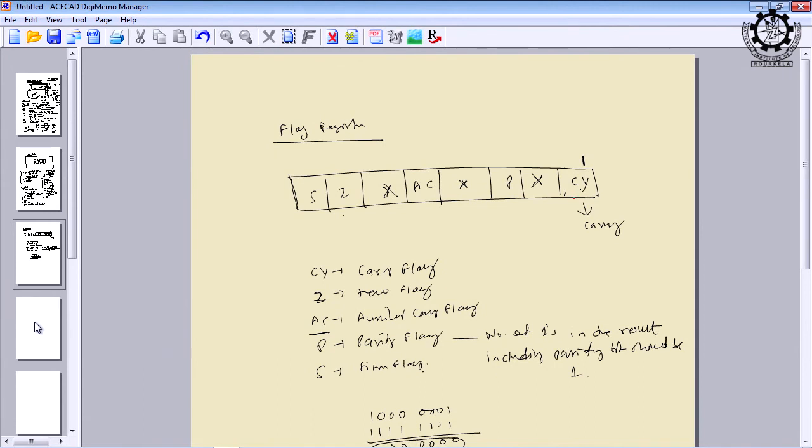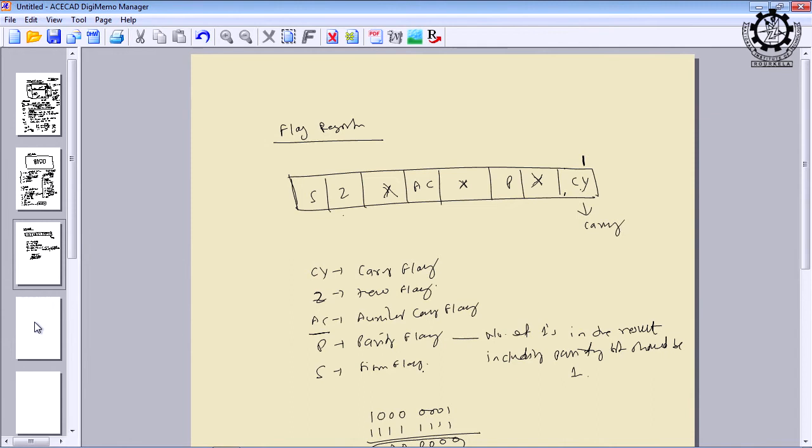And we do not have any borrow flag in 8085. Therefore, the carry flag will also serve as the borrow flag. But when will the borrow be generated? Whenever we subtract a bigger number from a smaller number, there will be a shortage of 1. So, at that time also this carry flag will be set to 1. Am I clear? So, when the result of the operation exceeds 8 bits, this flag will be set to 1, and even when a borrow is generated, this flag will be set to 1.